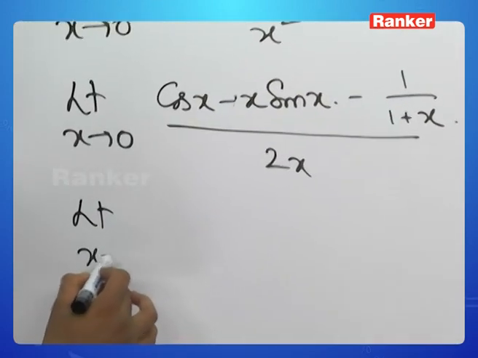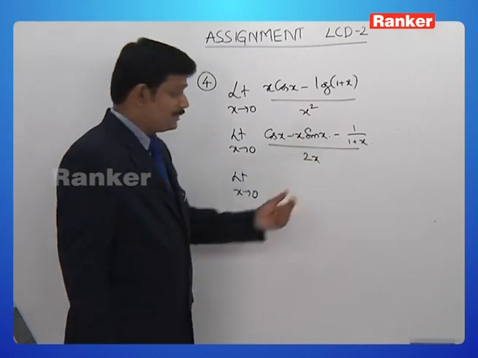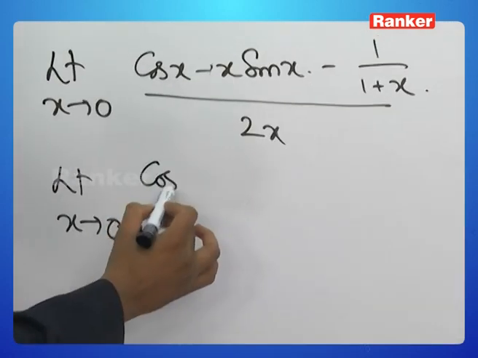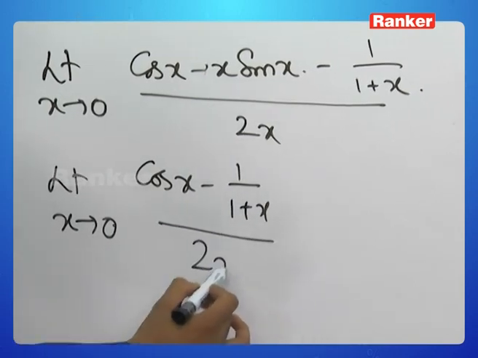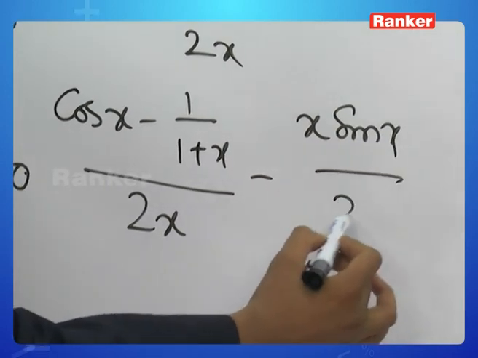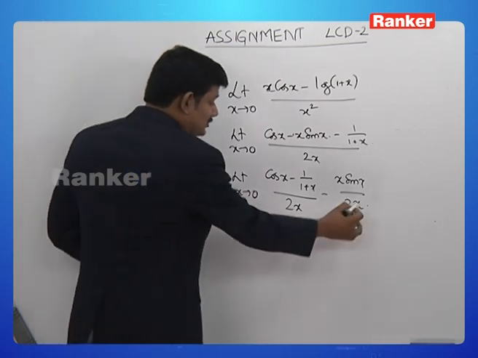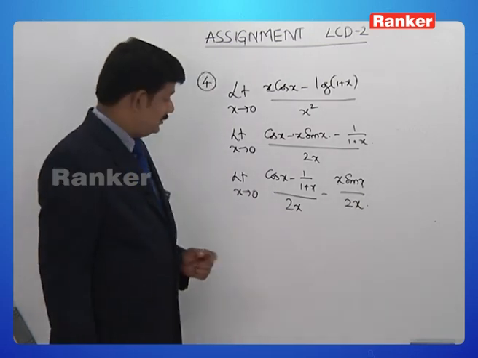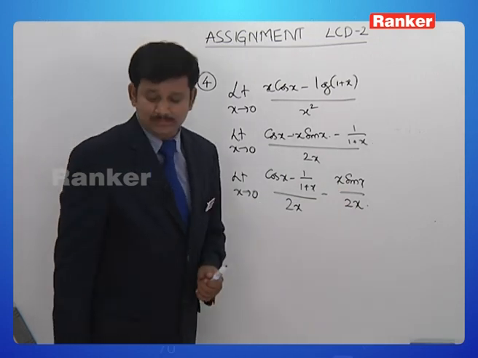Limit x tends to 0, we can separate it out: cos x minus 1 by 1 plus x divided by 2x, minus x sin x divided by 2x. Now x and x you can see get cancelled, and as x tends to 0, sin x also tends to 0.